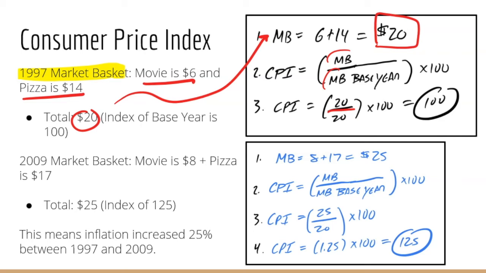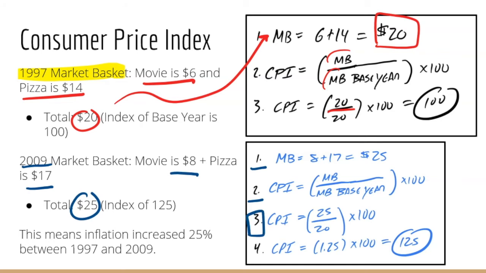Well, let's say in 2009 we have the same quantity of movies, but now it's $8, and the same quantity of pizza, but now it's $17. So the cost of the market basket in 2009 is now $25, as you can see in step one. To calculate our CPI, remember, it's our market basket divided by the market basket in the base year, which is step two.